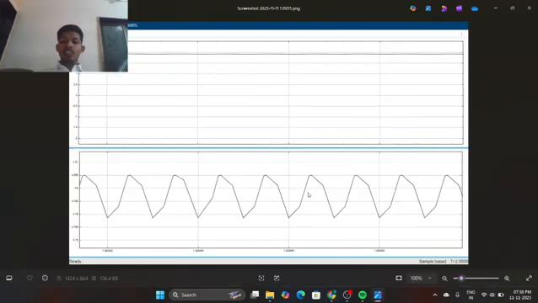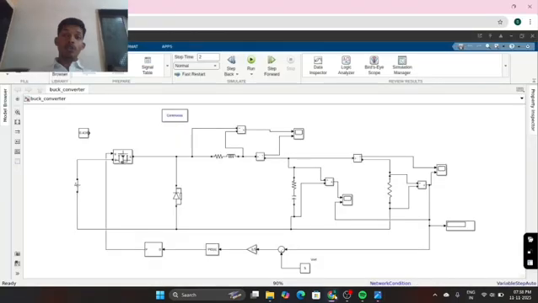This is the buck converter, which steps down the voltage from 12 volt to 5 volt. We can see this in the waveform. We have given a stop time of 2 minutes, and after 2 minutes we get the output waveform.